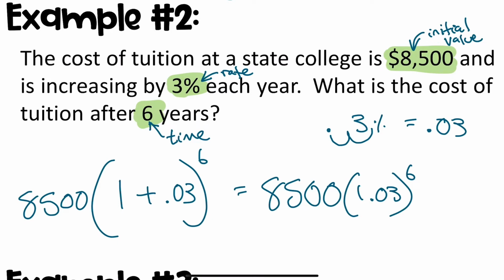There we go. And I got 8,500 times 1.19. Okay, last one is going to be multiplying. So I'm going to multiply our 8,500 times 1.19.